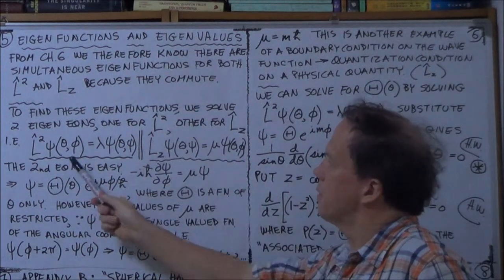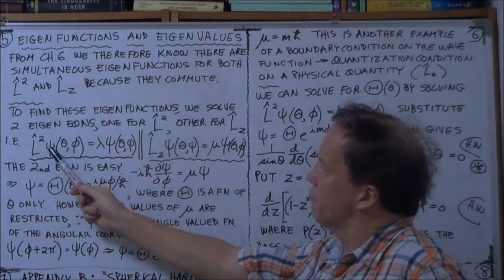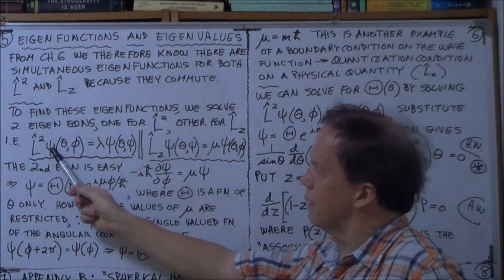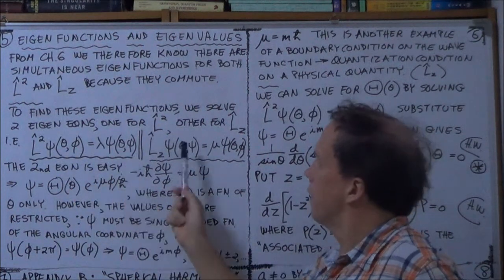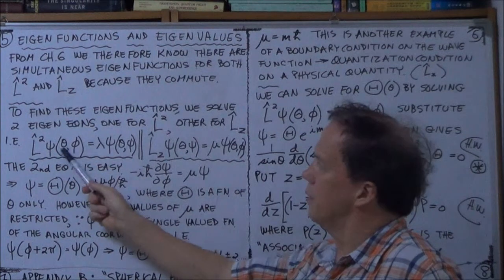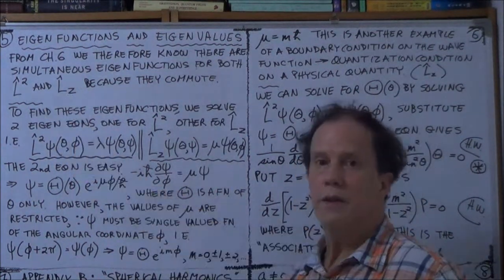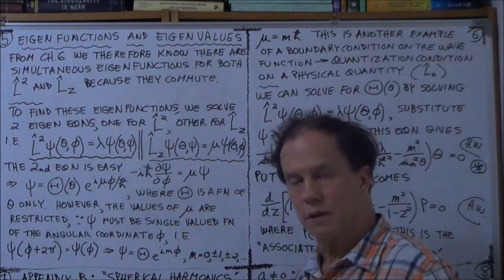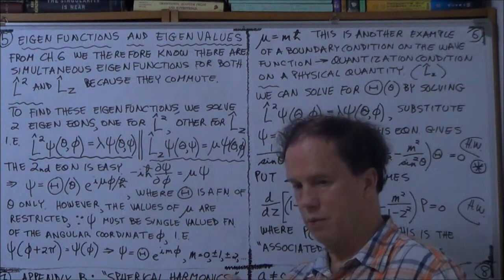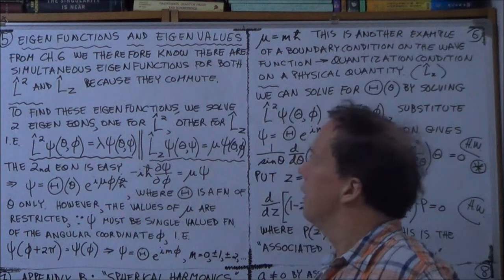Now notice the eigenfunctions, we'll just call them psi, are the same for both, and that's because these two operators commute. They are compatible. The commutator is 0.